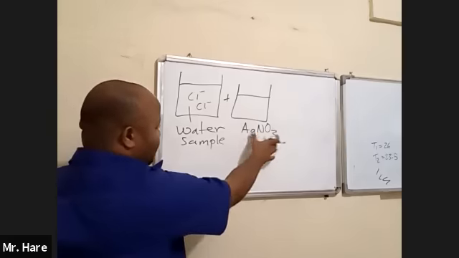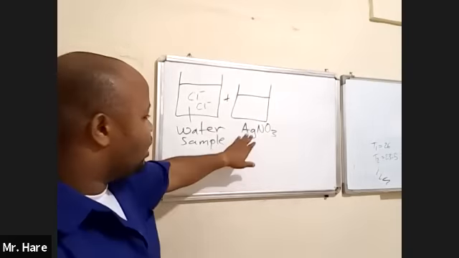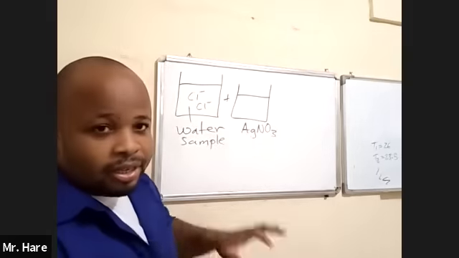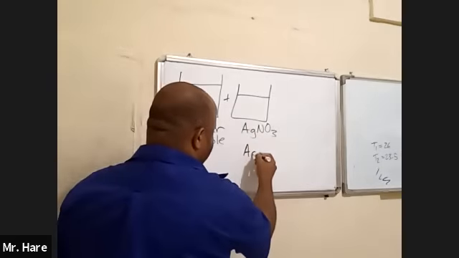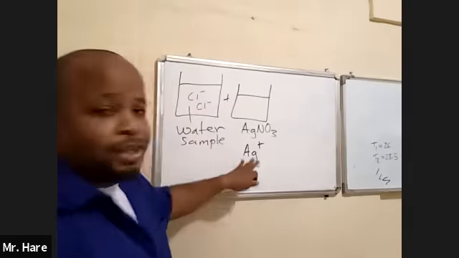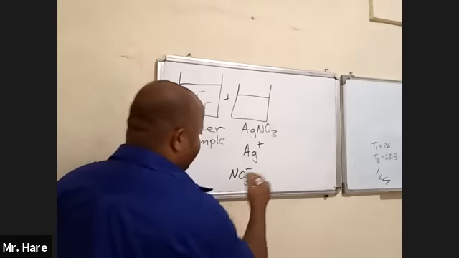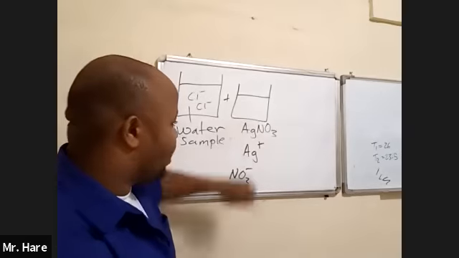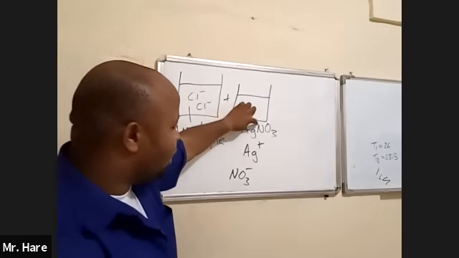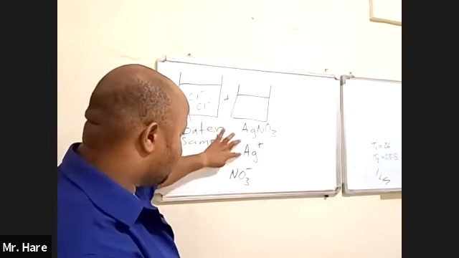And the reason why I'm choosing silver nitrate, this is what is going to happen when I mix the two. Silver nitrate, once it's in solution, even though I am writing AgNO3, will have silver ions, Ag plus, and the nitrate ion. When in solution, these ions are not combined, as you are seeing here; they are separated.